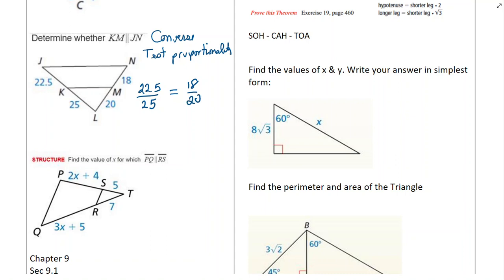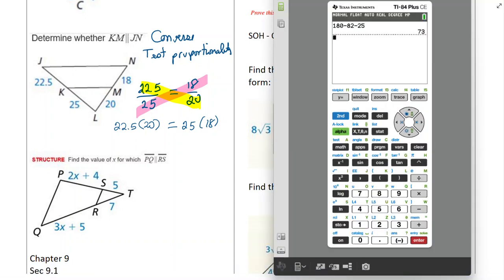And we're going to use cross multiply to make sure that they are the same. So I'm going to have 22.5 times the 20 and compare it to 25 times the 18. Now it's a matter of calculator.